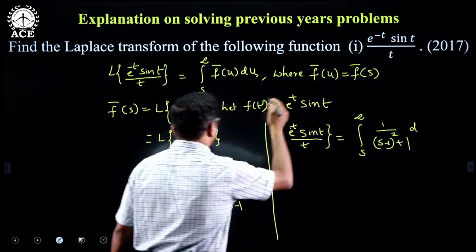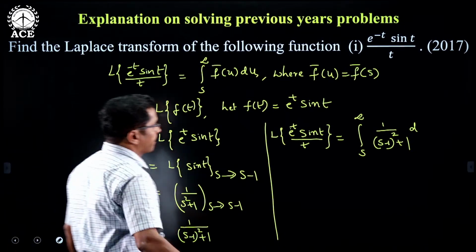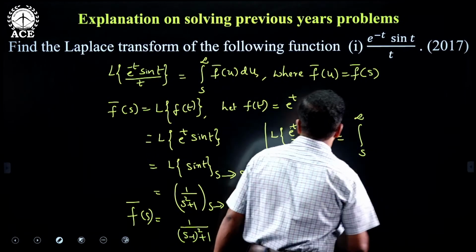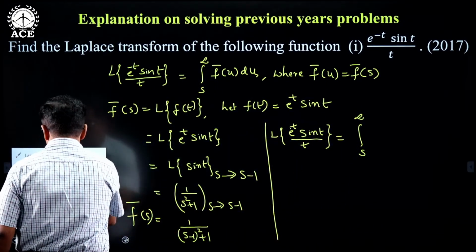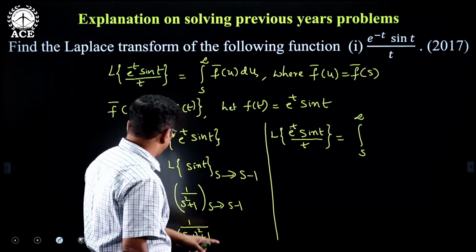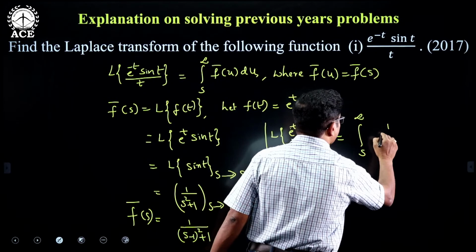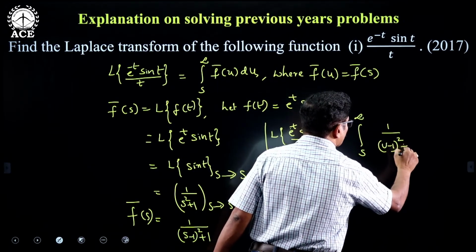Or you have to write it in u form, sorry. So f bar of u means 1 by u minus 1 whole square plus 1 into du.